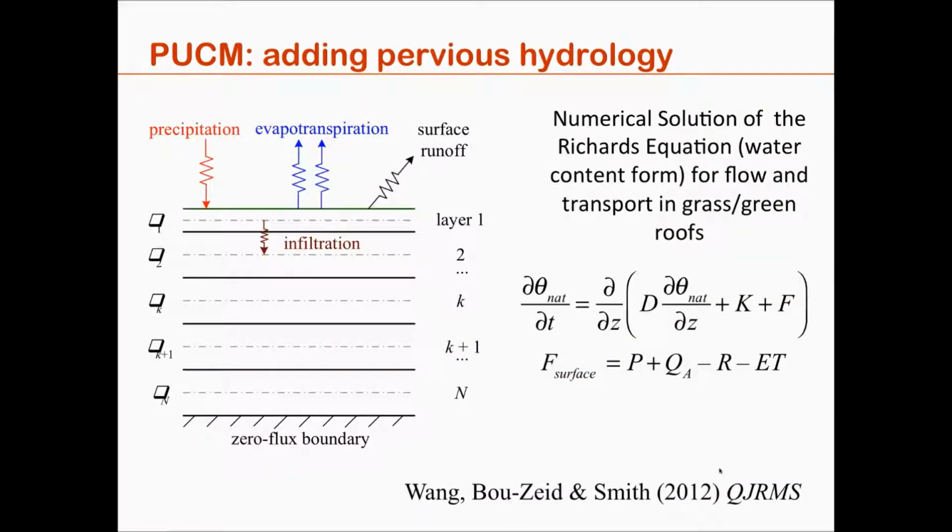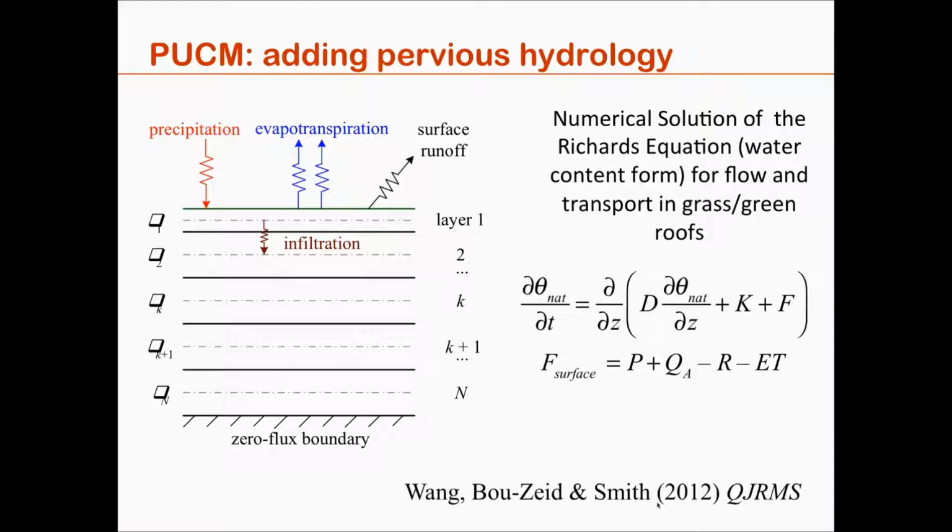Just a quick note on the hydrology. So now inside the canyon, we can have vegetation in our framework. And as you see, we have multiple layers. I think we can go only to 4 in our current... No, actually, I'm wrong about that. NOAA goes to 4. In our offline PUCM implementation, we can go to a higher number of layers.